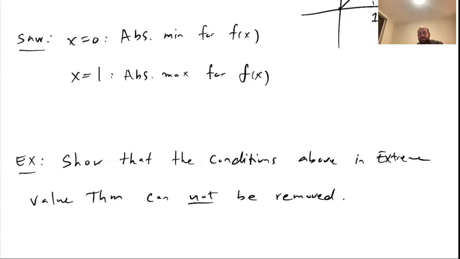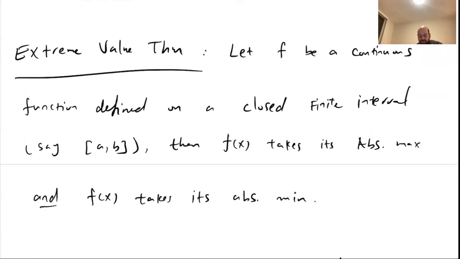So if some assumptions can be removed and still the conclusion holds, of course, we prefer to do that. But here we made two assumptions. The first is that f is a continuous function, and the second is that the domain is a closed finite interval. Now, if I remove any of these two assumptions, then the theorem will not be valid anymore, which means that both assumptions are really required. I cannot remove these assumptions.